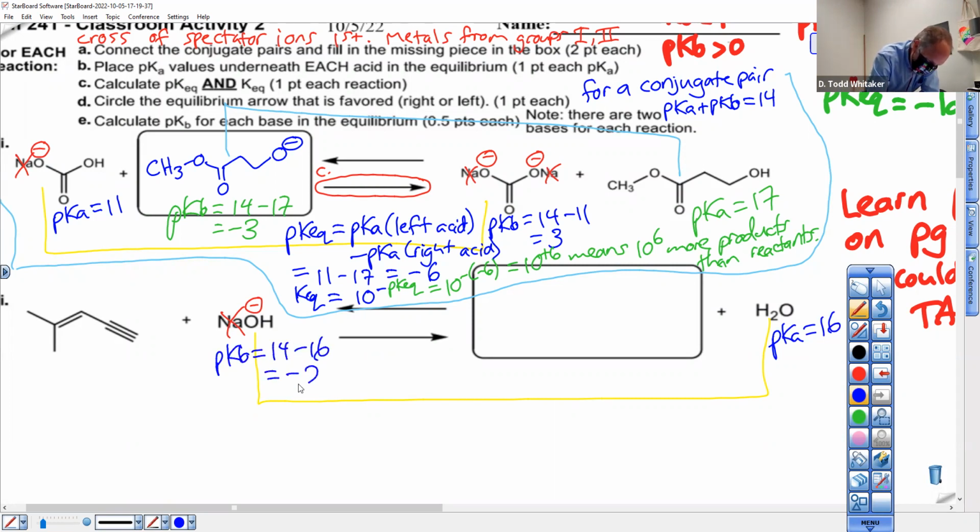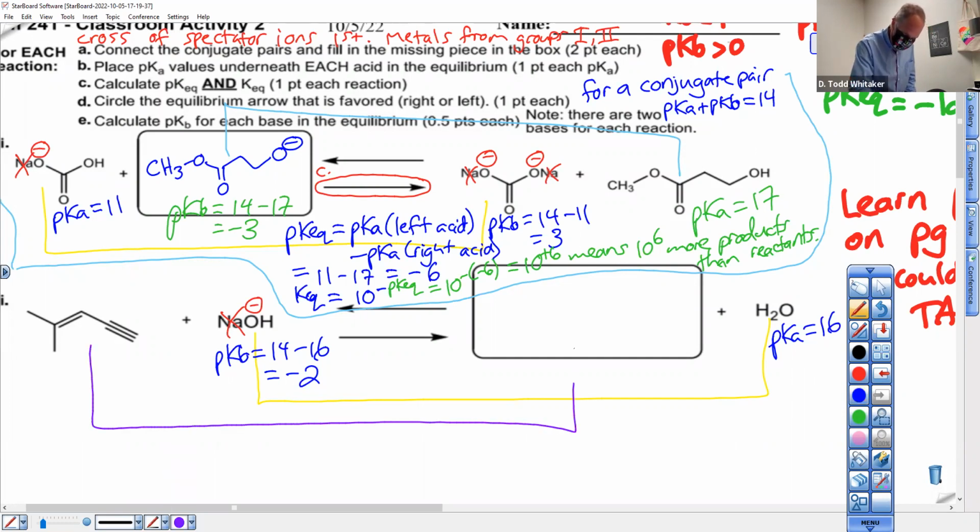And you guys already knew hydroxide was a strong base. Even if you didn't do acid-base chemistry in your previous chemistry, you've probably heard of hydroxide being a base. Negative is negative, and it's strong. And then that means the other pair is, we'll do a purple connection. That pair, right?